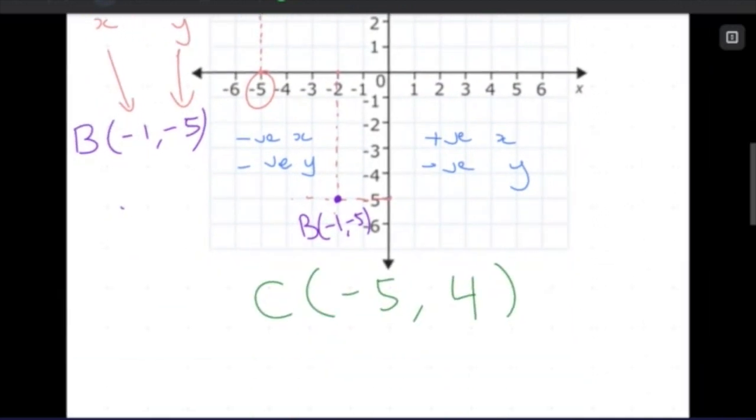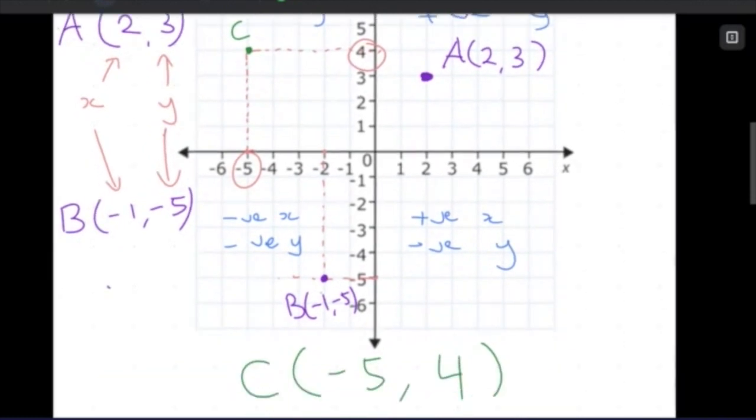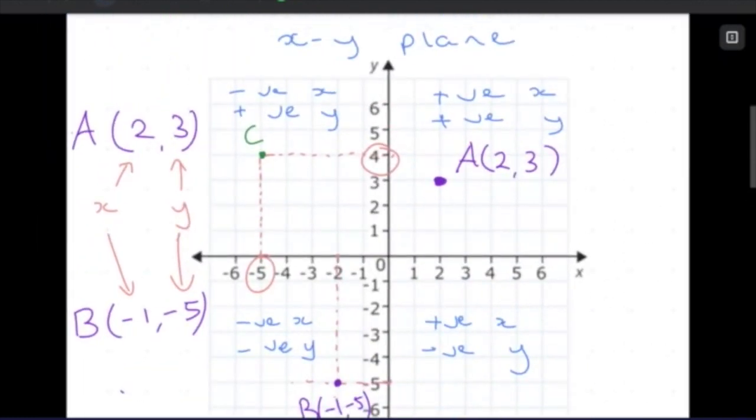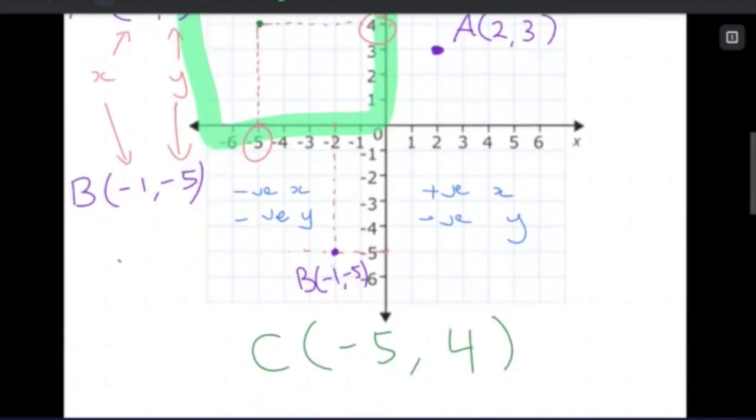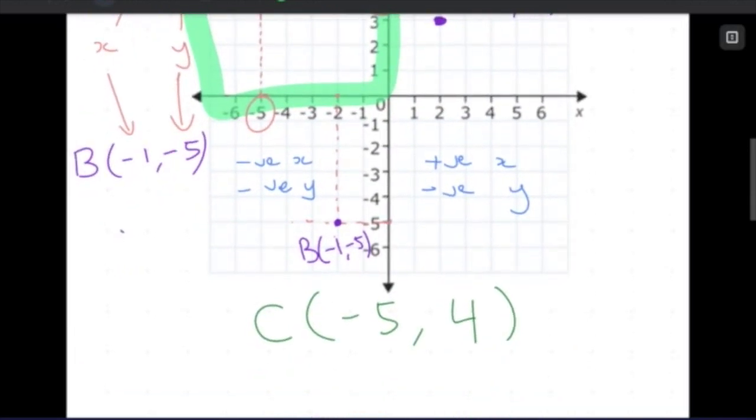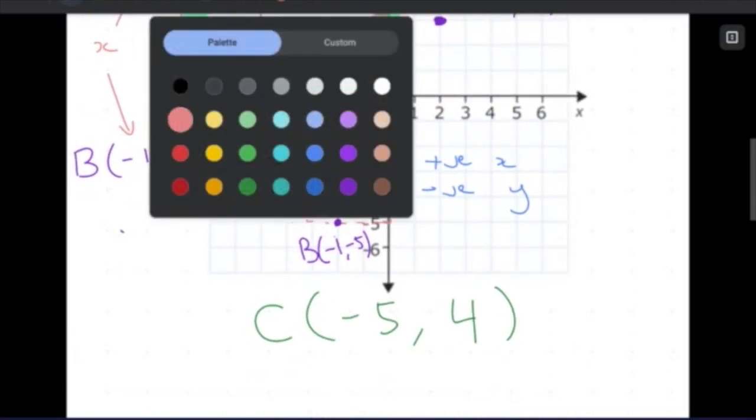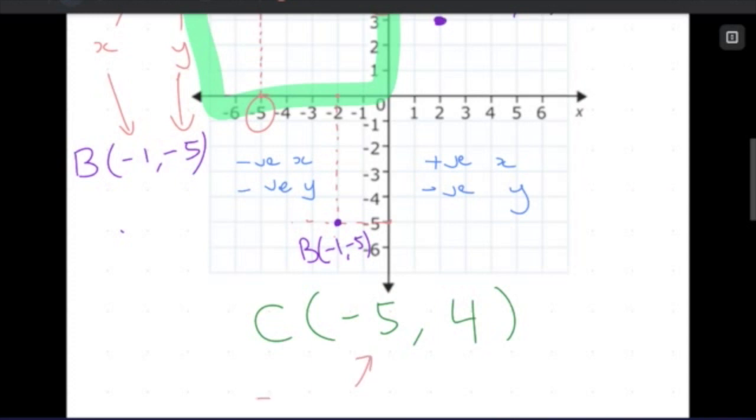And finally, my C, we found that it was located over here. So it would make sense that whatever I got for X was negative, whatever I got for Y is positive. And that's exactly what I got here. I got a negative X and I got a positive Y.